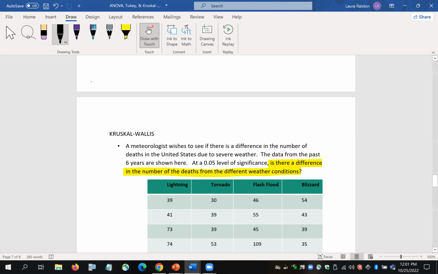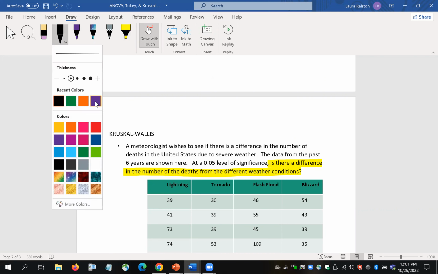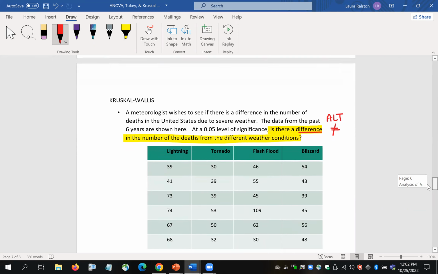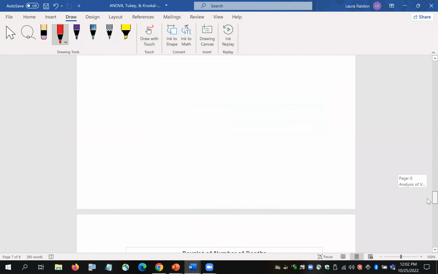So that could be another clue that it's Kruskal Wallis, that it doesn't talk about the means. Again, I see the word difference, which would imply that they're not equal. So this statement is the alternative. We really could use this same statement with the addition of one word.